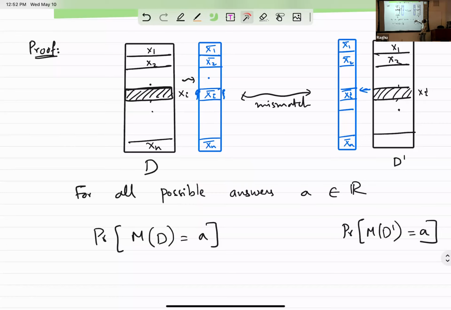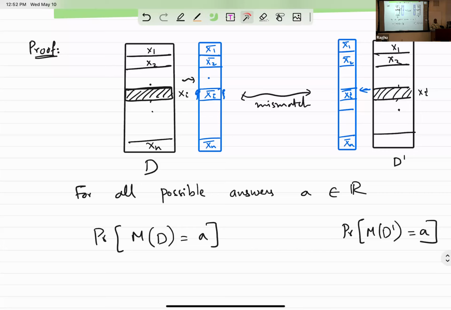So essentially, imagine that you're starting out with a 0 there and a 1 here, right? But you're doing randomized response and you're adding noise to it. Even if you're starting with different values, when you add noise, because of the noise, they could become the same. And once they become the same, the answers will match exactly.